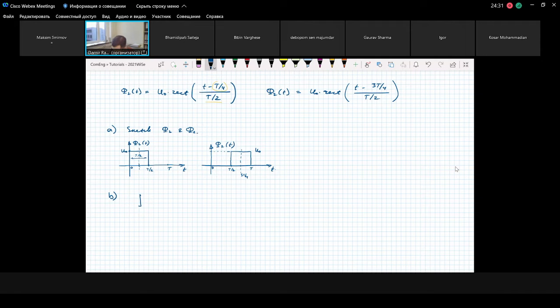In general it is from minus infinity to infinity, but in this case from 0 to capital T, between the first pulse shape function and the second pulse shape function over time.